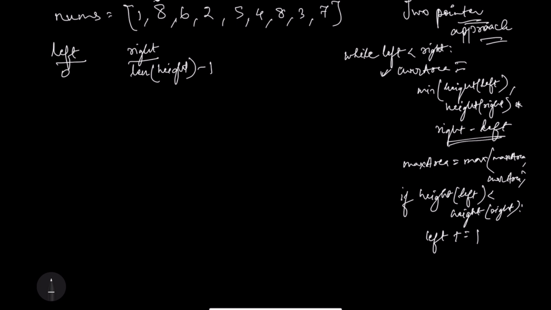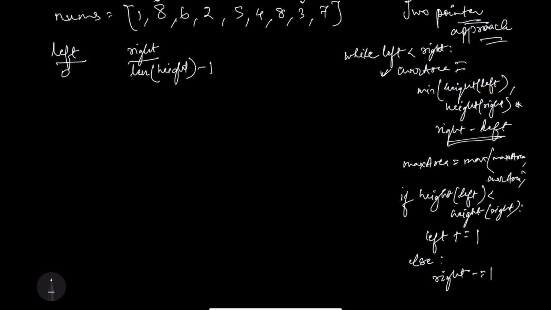We also need to find a height which is greater, and we also need a width that would be sufficient. Else, if our height at left is greater, then we will move our right pointer inwards. From here we will move inwards.